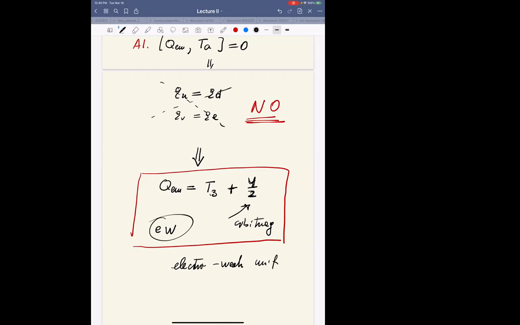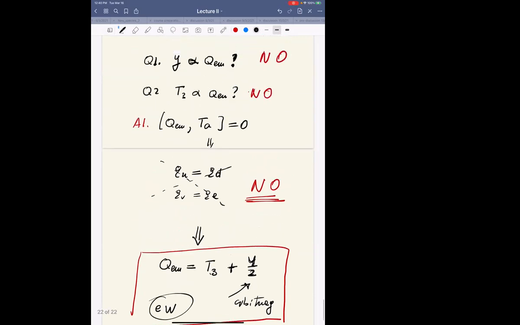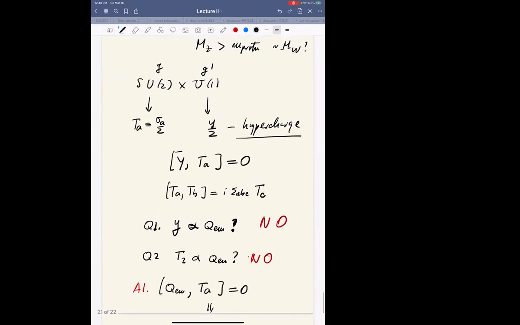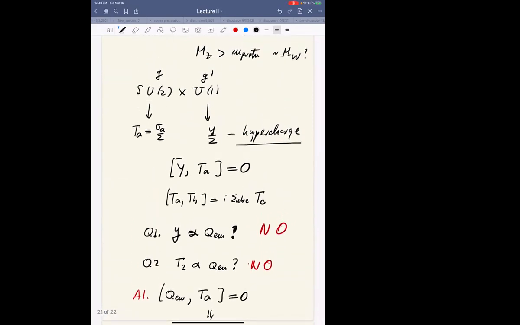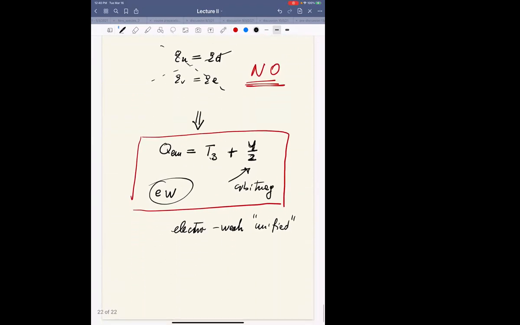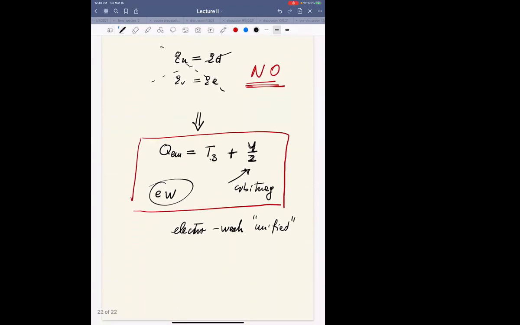Well, not truly unified. Unified, I put in quotes, because there are two gauge couplings. It would be truly unified if g' was equal to g, but I cannot assume that. However, there is some kind of unification in the sense that the photon lives a little bit in SU(2). In other words, the photon is not A_mu^3.